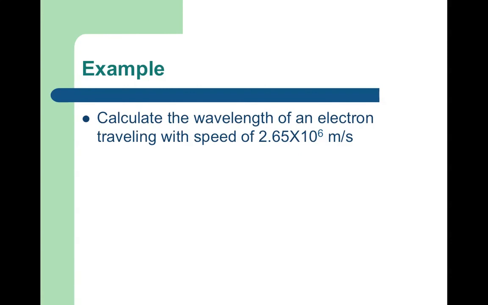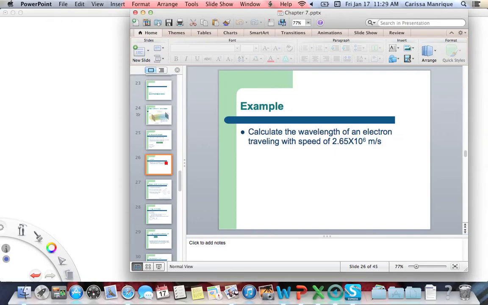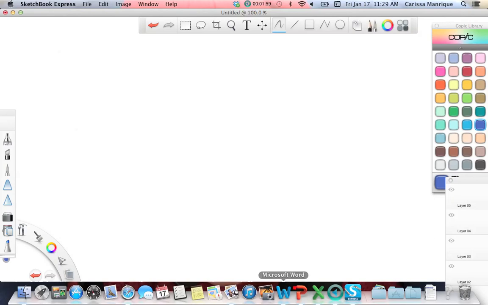It says calculate the wavelength of an electron traveling with a speed of 2.65 times 10 to the 6 meters per second. The formula for wavelength for an electron: wavelength equals Planck's constant divided by mass of an electron times velocity.